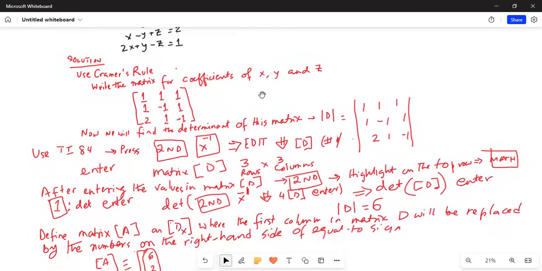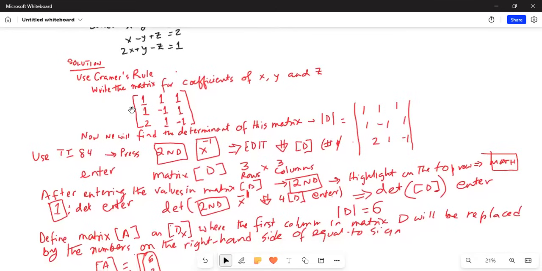So the first column in the matrix D, which is this matrix D, let me write this clearly over here. It's defined by this. So I'm replacing the first column by the numbers on the right hand side of the equal to sign.